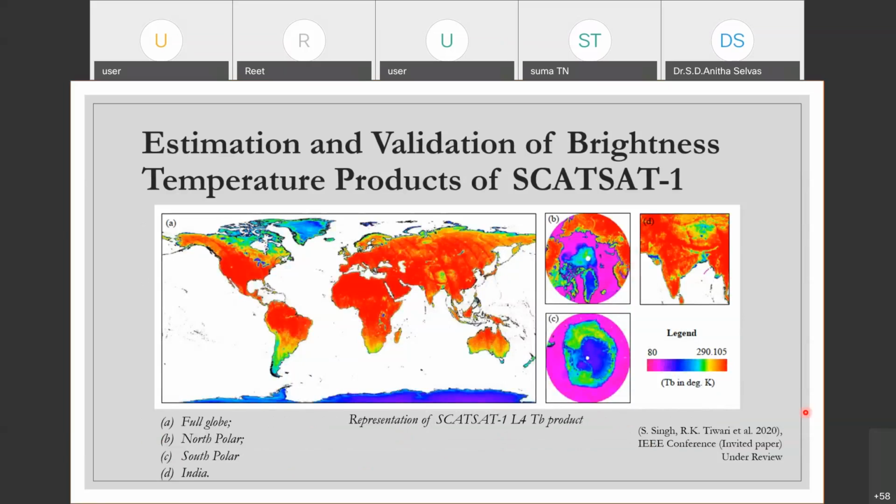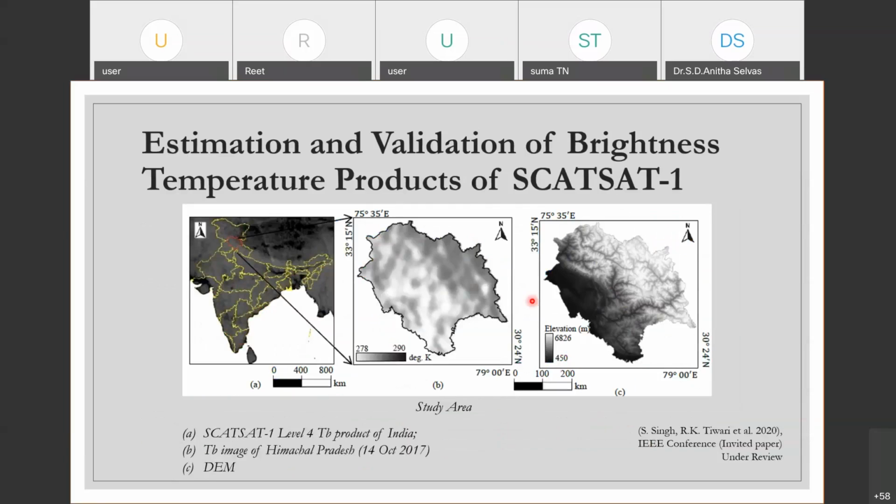So what we did is that we took Himachal Pradesh and took the brightness temperature using the SCATSAT-1 data, and compared it with the MODIS brightness temperature. Why did we select that data? Because that data has already been validated by many scientists over different portions all over the world.